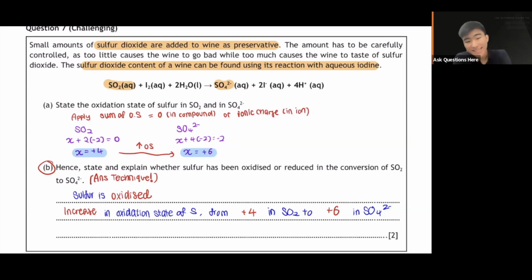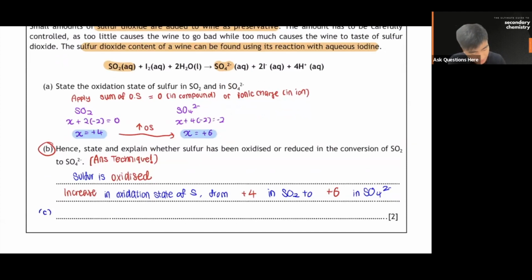And so extension to this question, I will give you a part C, since this question stopped at part B. Now I want you to identify what species have been reduced, and explain with reference to oxidation state. What species has been reduced?